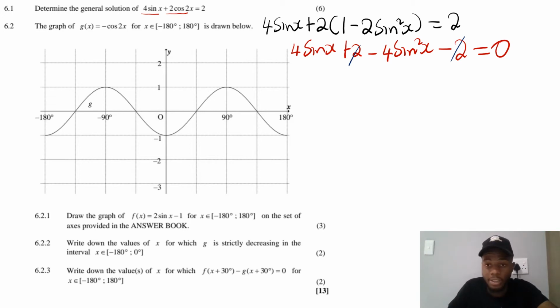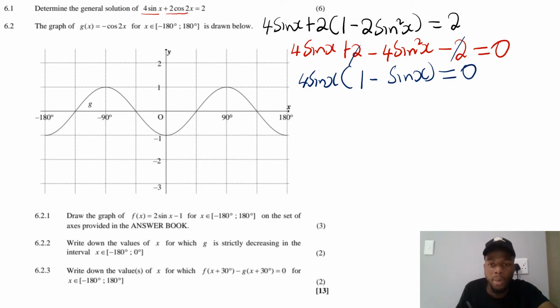And if you check, we have a common factor. Our common factor here is 4 sin x, so I'm going to take it out. Then I'll be left with 1 minus sin x equal to 0.